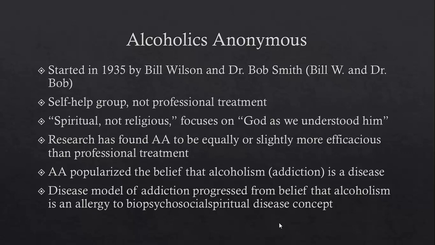He had stopped drinking, and he had a history of stopping for a while and then going back to it. But this time in 1935, he actually was in a hospital in New York, in Charlestown Hospital in New York, and he had a spiritual experience. He talks about seeing a vision and experiencing God and never drinking again after this.